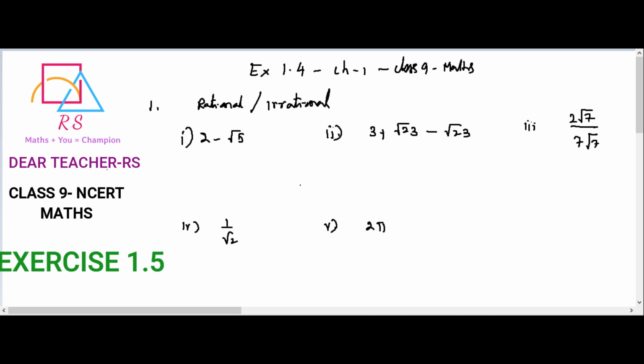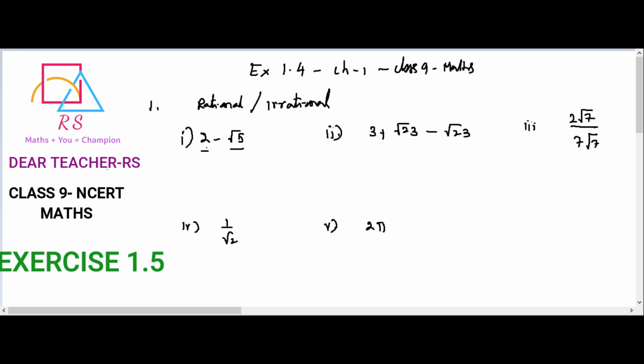So now you have to simplify it before you find out. Now 2 is a rational number separately. This contains 2 terms, 2 and root 5. 2 is a rational number and root 5 is an irrational number. Root 5 alone is an irrational number. So a rational number and an irrational number cannot be added.